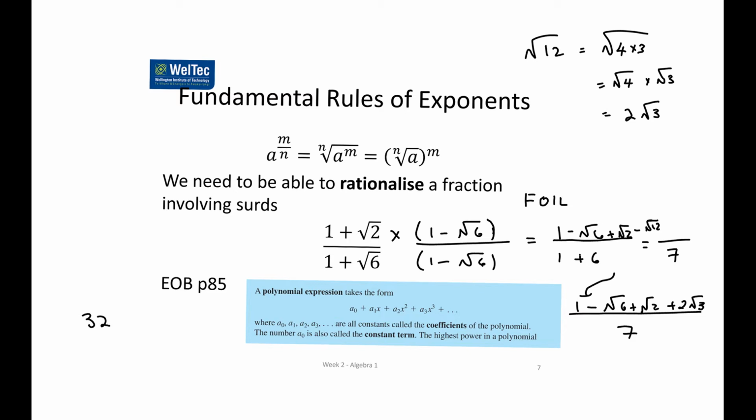32 to the power of a fifth. The power of a fifth means the fifth root of 32, which you can count on your fingers would be 2. 32 to the 2/5, using the rule at the top of the slide, that would be the 5th root of 32 squared.